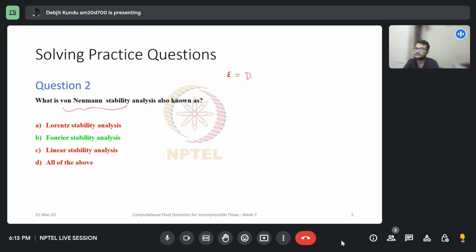Let's say if D is the exact solution of the FDE and N is the numerical solution. So the difference between them, that is the error. And this error, which is a function of both space and time, is actually expanded in its Fourier series.